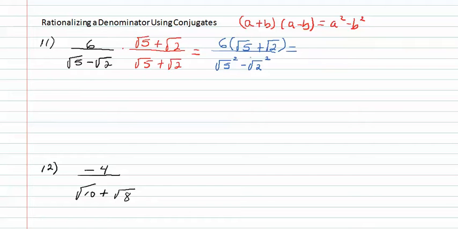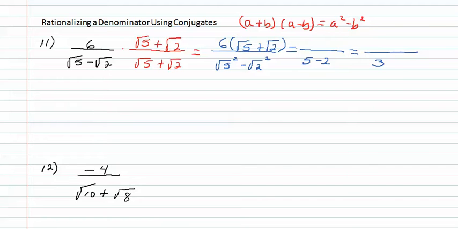When you take the square of a square root, you undo it, so you have a 5 at the bottom. When you take the square of a square root, you undo it, so you have a 2 at the bottom. You also have a minus sign there. Okay, then I'm going to take this one step further. What's 5 minus 2? It's 3. So our denominator is rationalized.